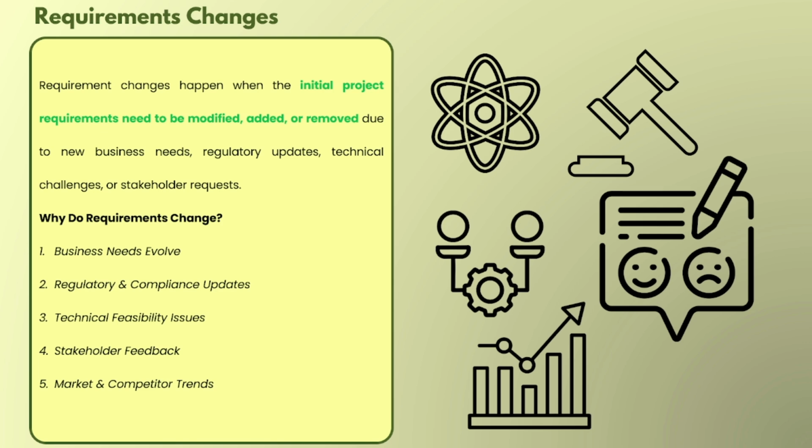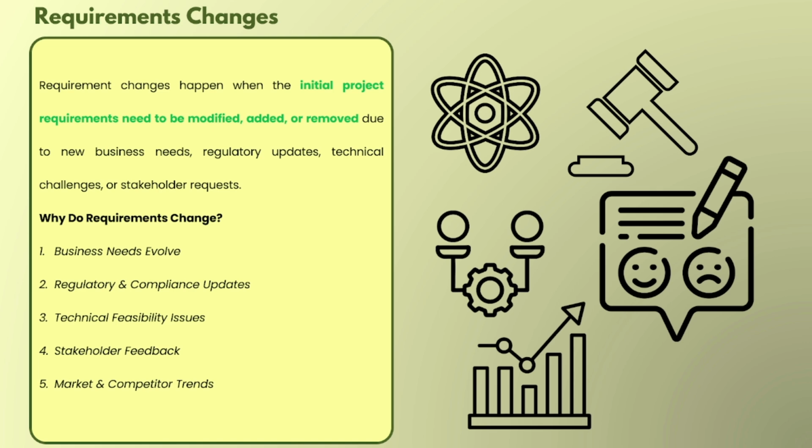And the next is stakeholder feedback. Well, once a user or client starts testing or reviewing the system, they might suggest changes or improvements. The feedback often leads to updates in the requirements. So well, it is quite self-explanatory. And the last is market and competitor trends.